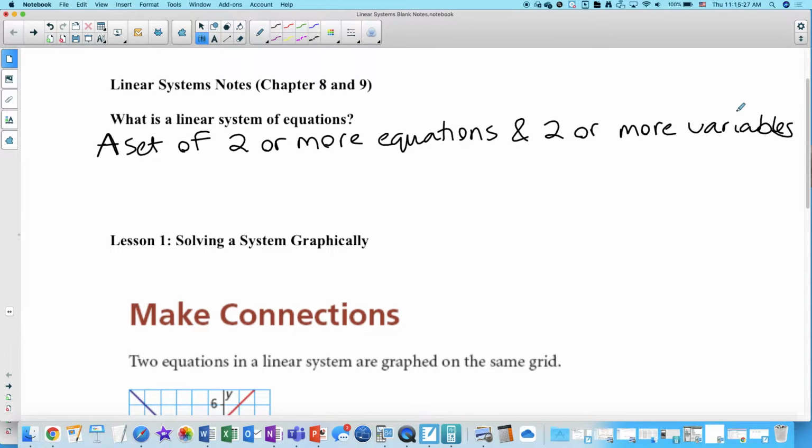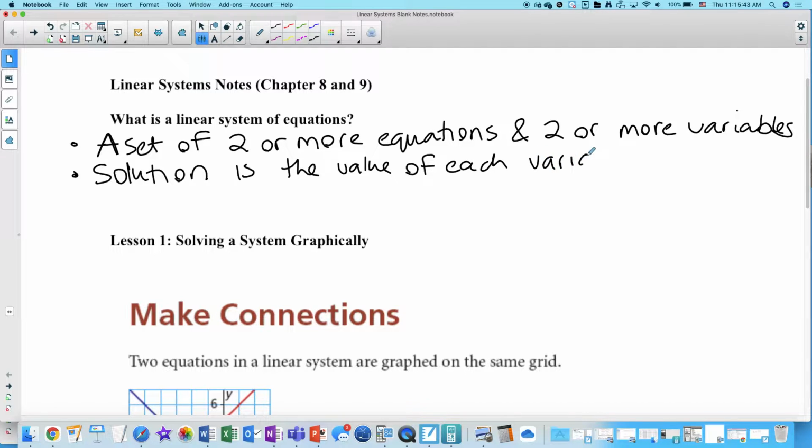The solution is the value of each variable that satisfies both equations in the system. I should say all equations, because sometimes you can have more than that.